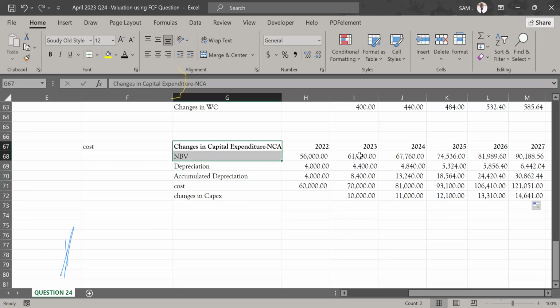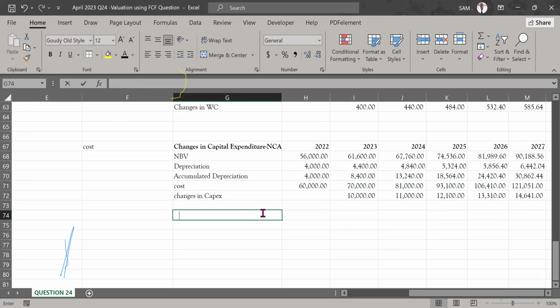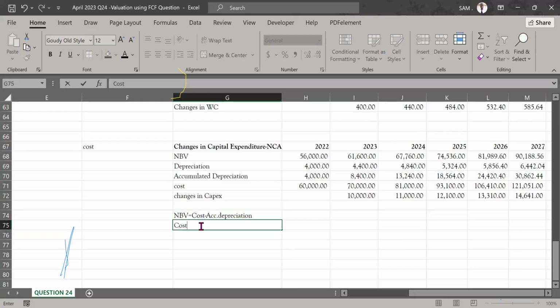And the approach that we've given this is very simple. We were given net book value. And we know what net book value is. Net book value is usually just the cost minus accumulated depreciation. That is the approach that we followed. And we know that cost, again, we are just reversing.